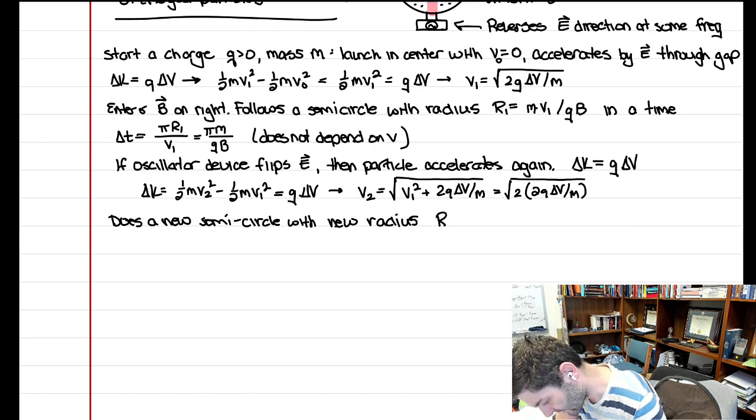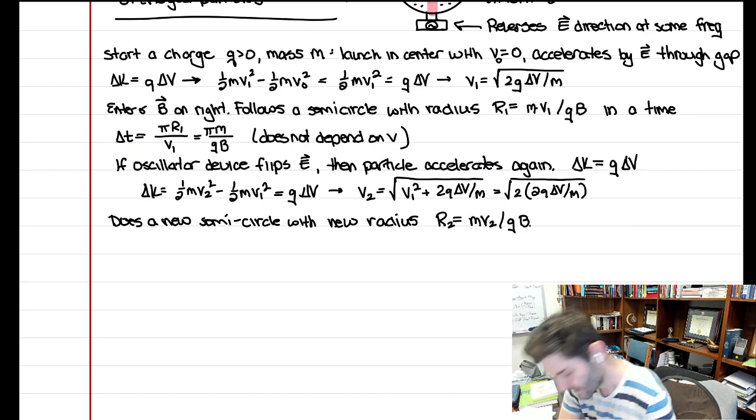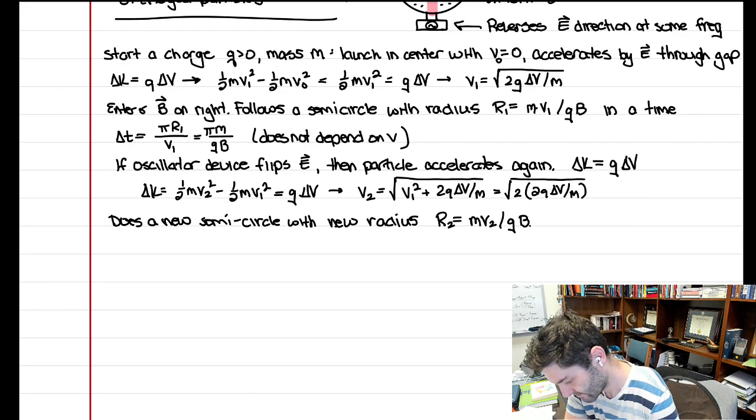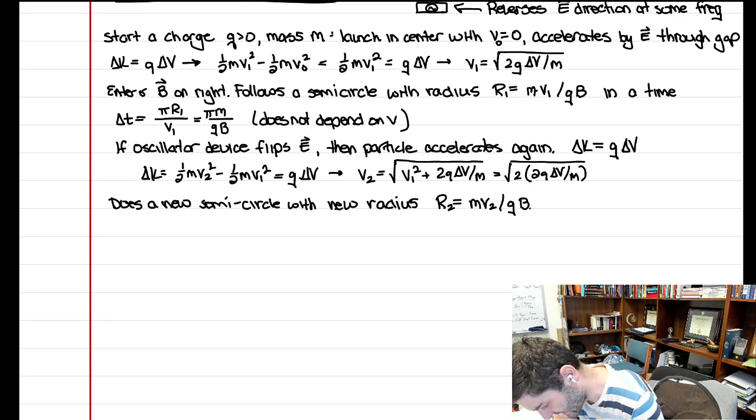The radius r2 now is m v2 over qB. So it's a slightly bigger radius, but then it does a semicircle, accelerates, does a slightly bigger semicircle, accelerates, does a slightly bigger semicircle. Then repeat as many times as you can.